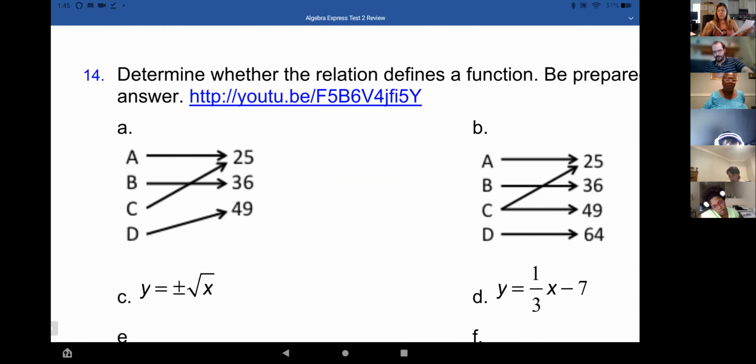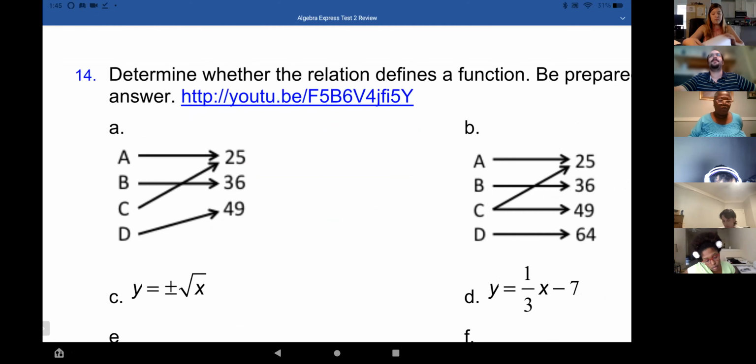All right, what about 14? Are we just determining whether or not these are functions? Is this a function, A?